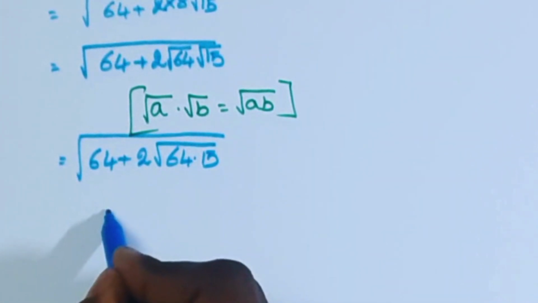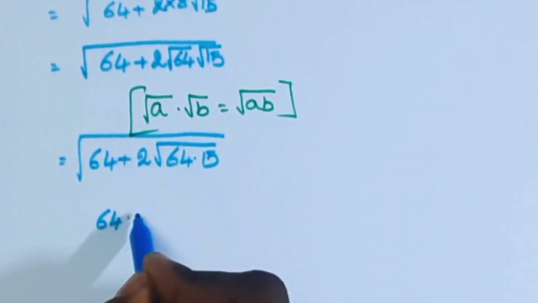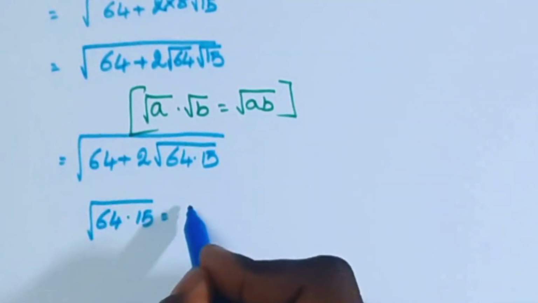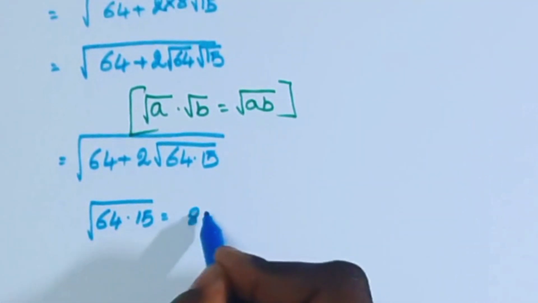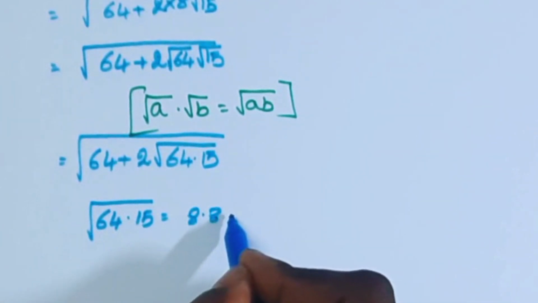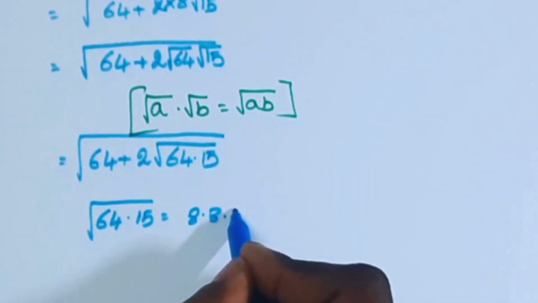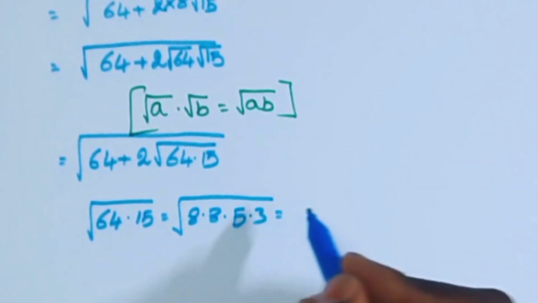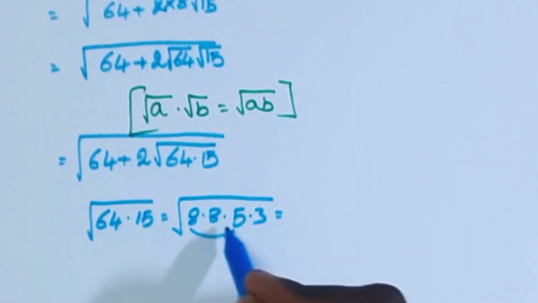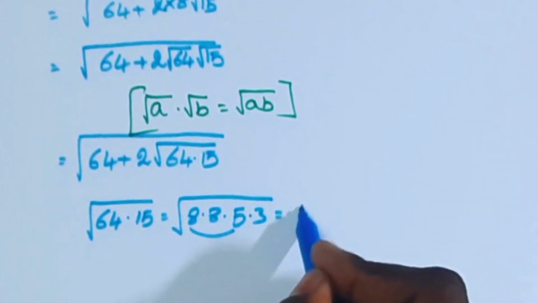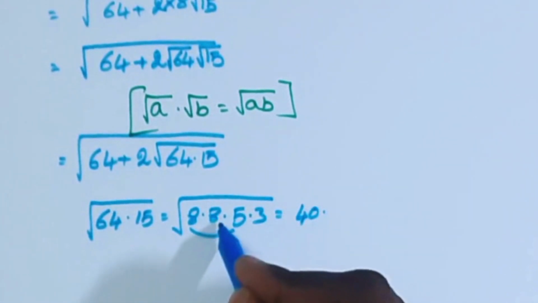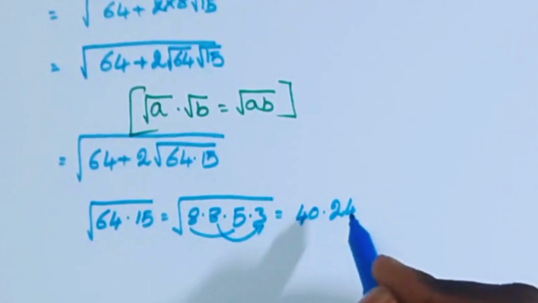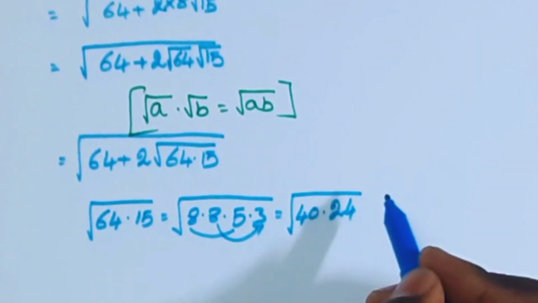Now this 64 times 15 in square root can be written as 8 times 8 is 16 times 5 times 3, in square root. Same way, multiply this, so we'll get 40 times, multiply this, we'll get 24, in square root.